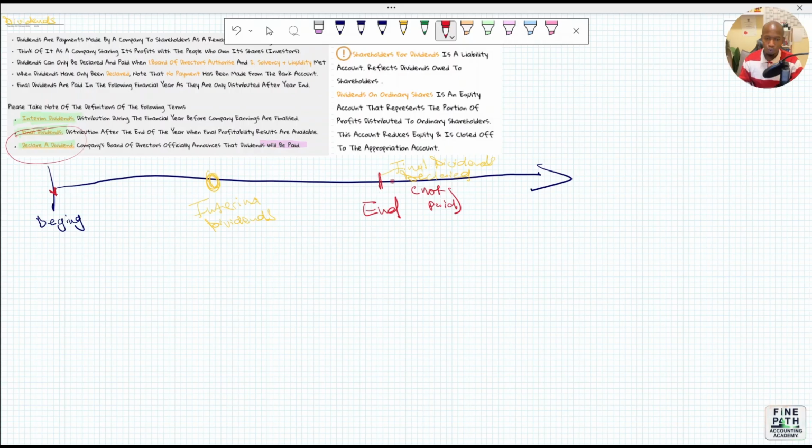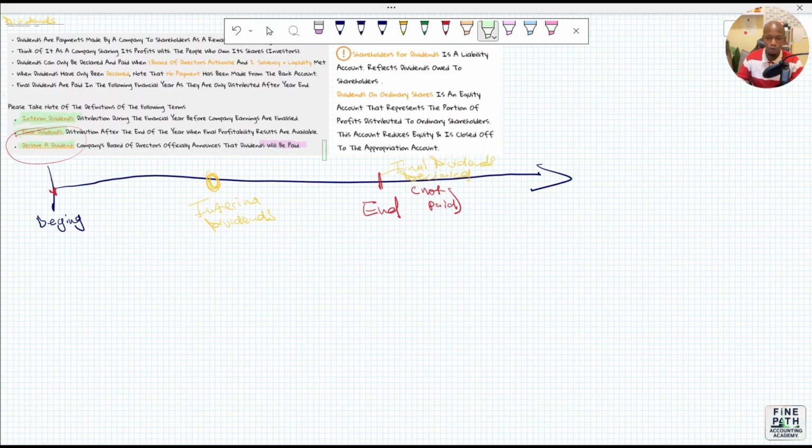So now, important thing again, these final dividends are not paid in the current year. They are only paid in the following year because these are determined after the year has ended. The only thing we can do this year is to recognize that we owe shareholders this much, right?